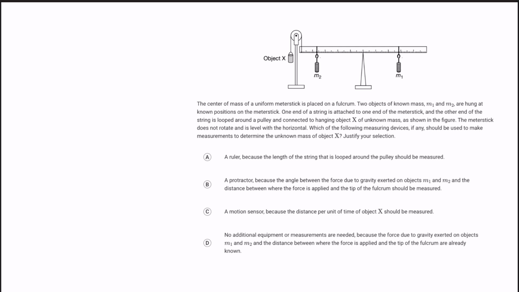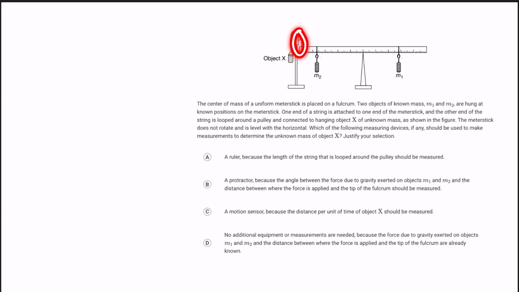In this problem, we have a meter stick that is placed on a fulcrum here, and it is placed at its center of mass, so at its middle point. Two objects of known mass, M1 and M2, are hung at known positions on the meter stick, so we know how far they are from the axis of rotation. So one end of a string is attached to one end of the meter stick.